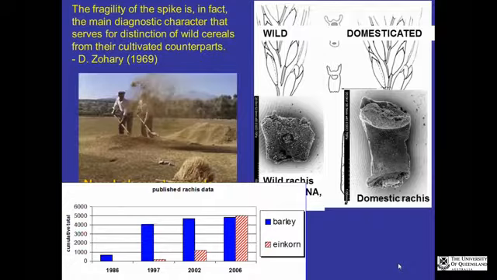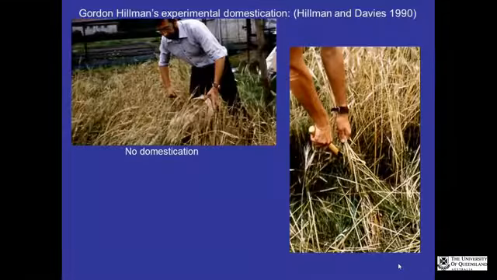And what you can see is it's really only in the last decade or so that we've started to have a large body of this kind of data. And that's because these rachises are small, so you have to have very careful recovery methods on site. And also, it took a while for archaeobotanists to actually work up the criteria for separating these things and get used to it.